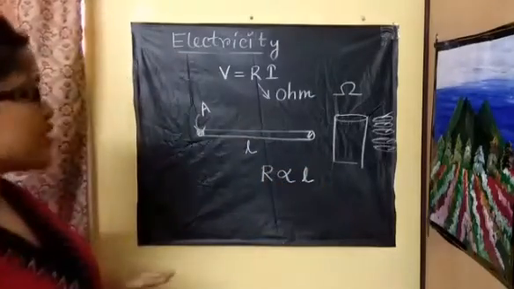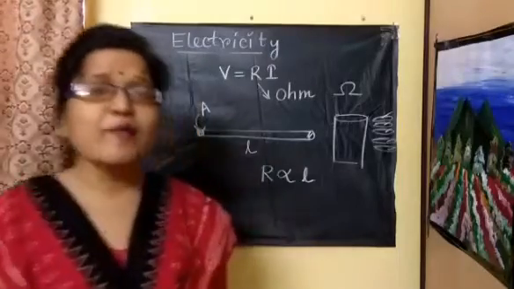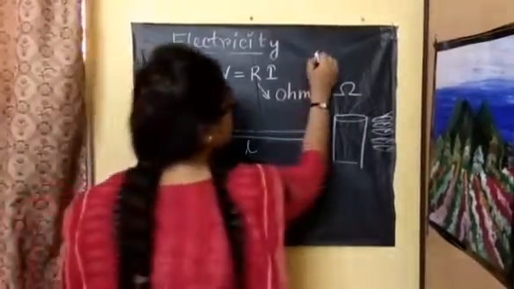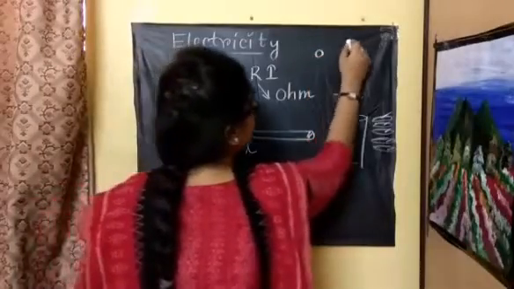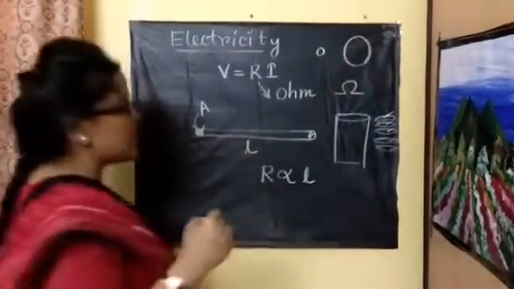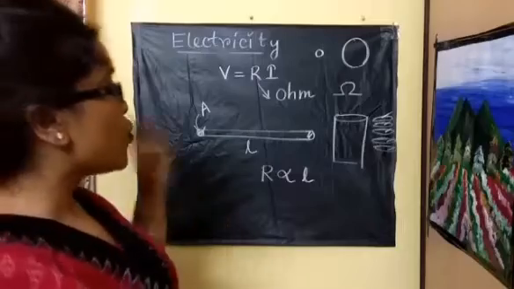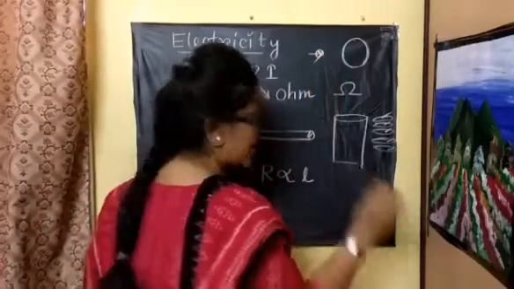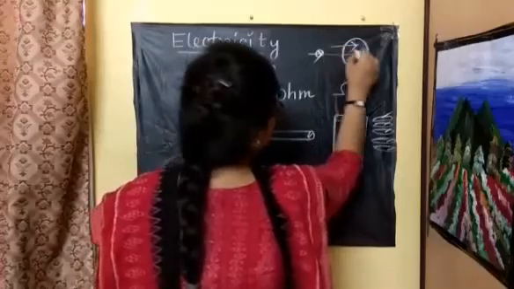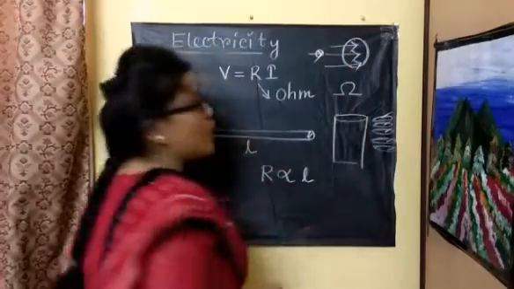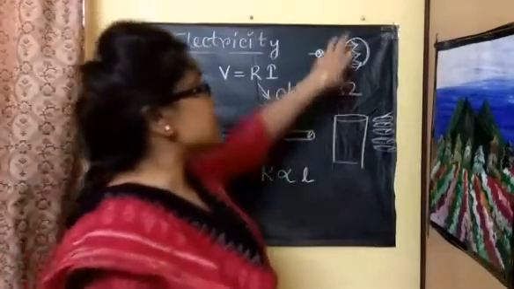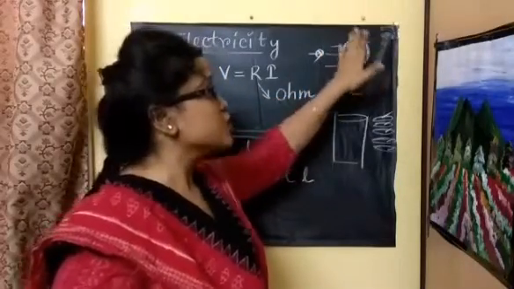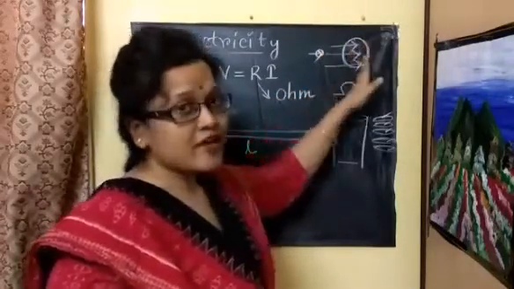Clear? Now suppose I have this type of cross-sectional area, this is one and this is another. If 100 electrons want to pass through one cross-sectional area, or through the second, where will it be easier? Obviously this is a huge surface area, so it will be easier for the electrons to pass through it.